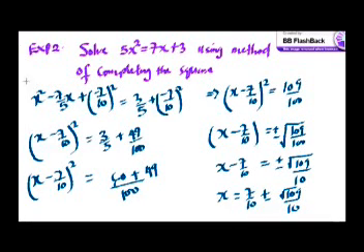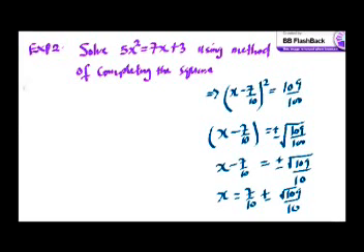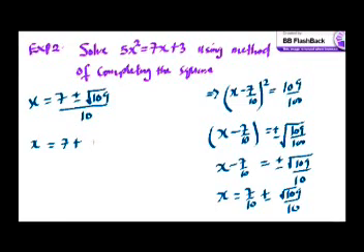If I also take this part away now, this becomes x equal to 7 plus or minus square root of 109 over 10, common denominator. This becomes x equal to 7 plus square root of 109, which is 10.4, over 10, or x equal to 7 minus 10.4 over 10.